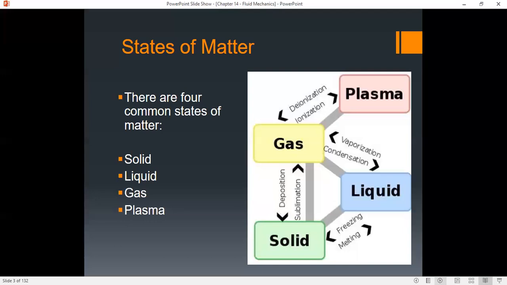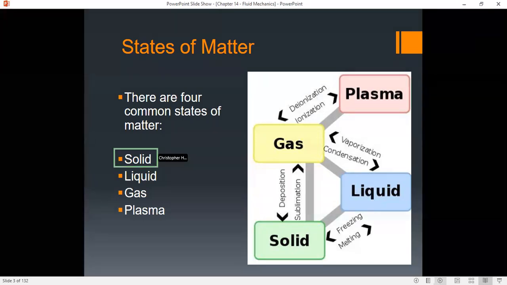Actually, most of them can behave like a fluid, but the one that obviously is not a fluid is a solid. Of course, a liquid, a gas, and a plasma can all behave like a fluid because, as we'll see, all you need for a fluid is for something to flow.